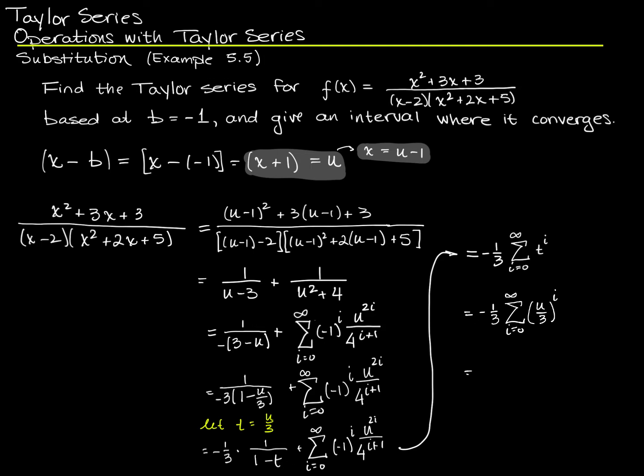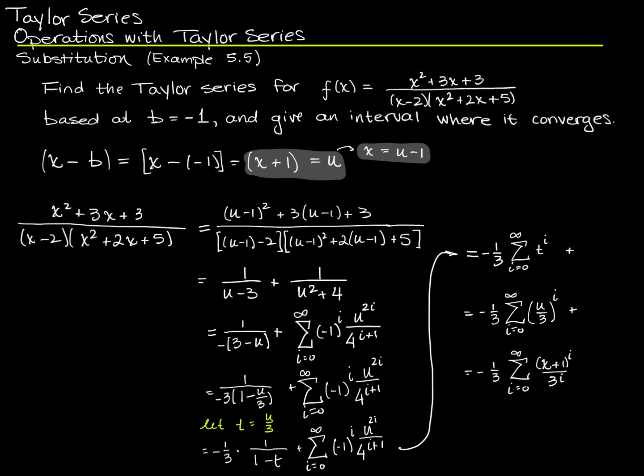And then, of course, I'm going to have to come back and put the second sum in here. I'm not done with that. I'm just trying to focus on the algebra for this sum here at the moment. u also is a replacement. So let me back substitute for my u. I get, let's see, u is x plus 1, so I have x plus 1 all over 3 to the power of i. I'm going to split that up now and write it that way.